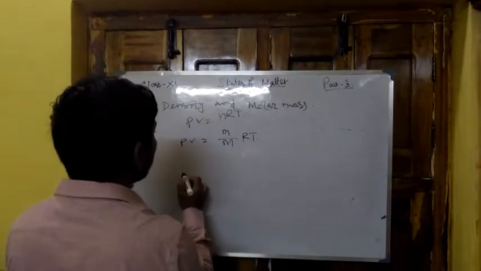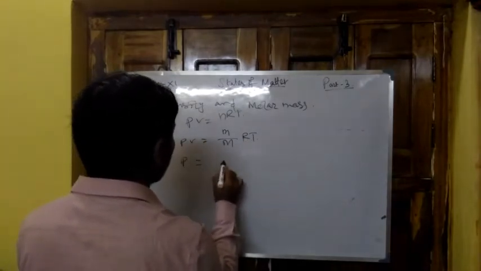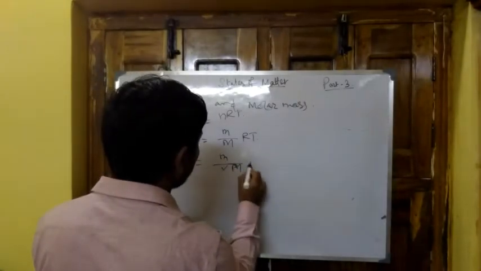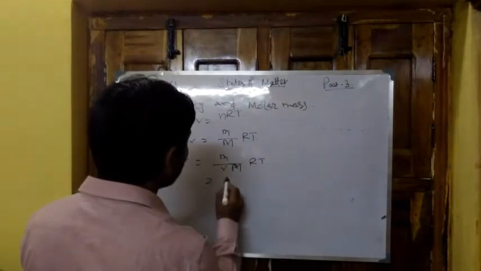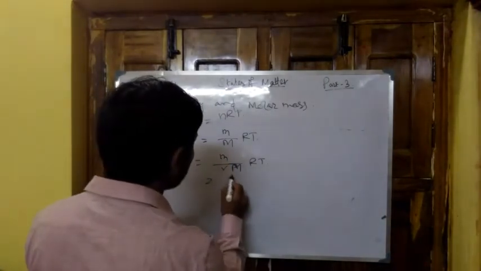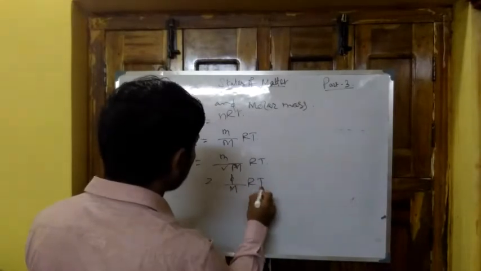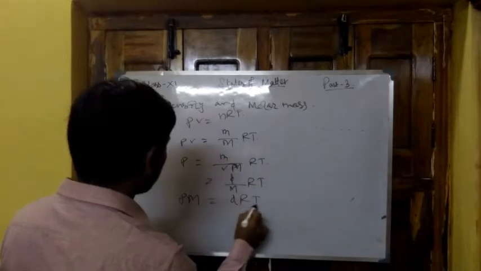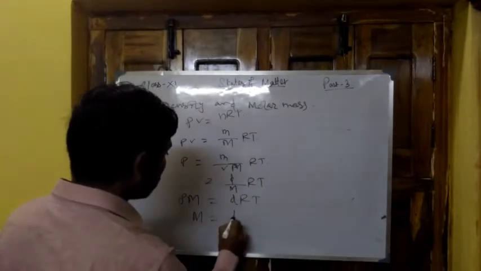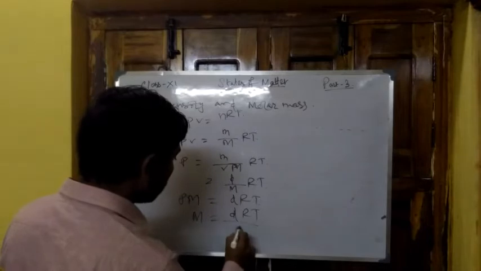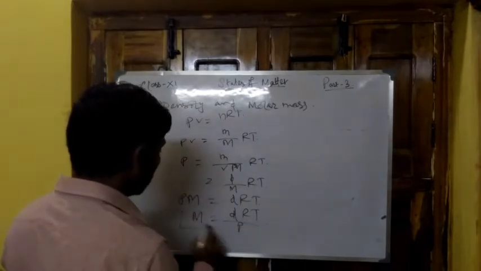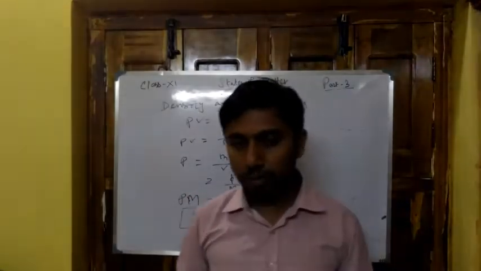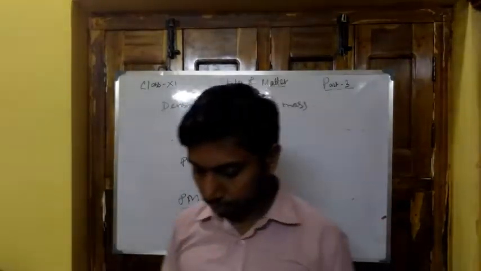Now d equals m by V, so P equals d by M into RT. So PM equals dRT. So M equals dRT by P. So it is the relation of molar mass and density, which can be derived from the ideal gas equation.